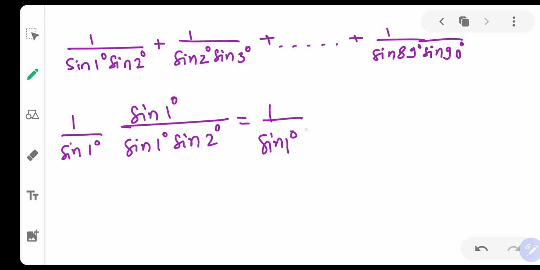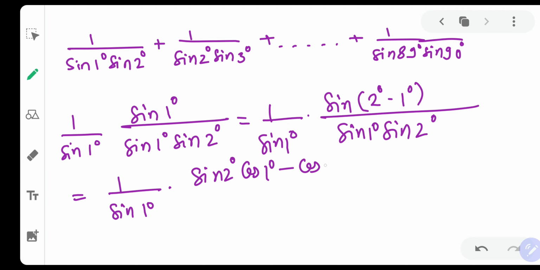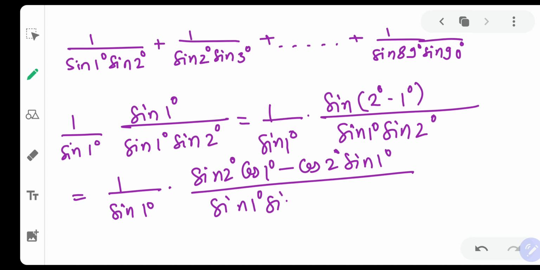Then what have I done? The sine 1 degree can be written as sine of 2 degree minus 1 degree upon sine 1 degree into sine 2 degree. So 1 upon sine 1 degree and then sine 2 degree cos 1 degree minus cos 2 degree sine 1 degree upon sine 1 degree into sine 2 degree.